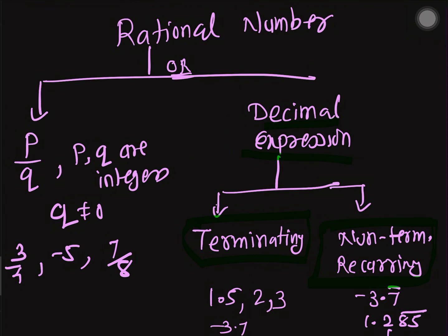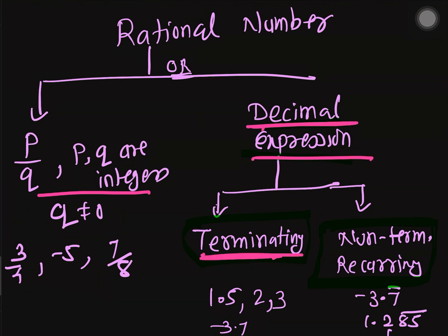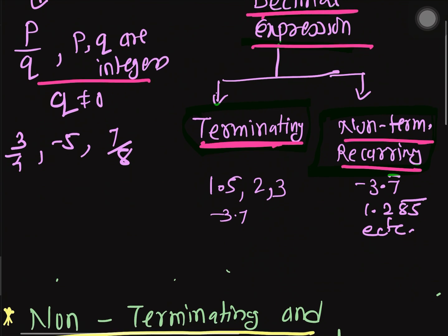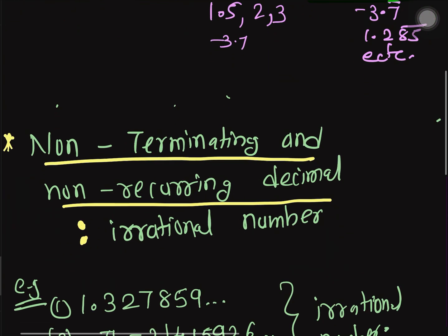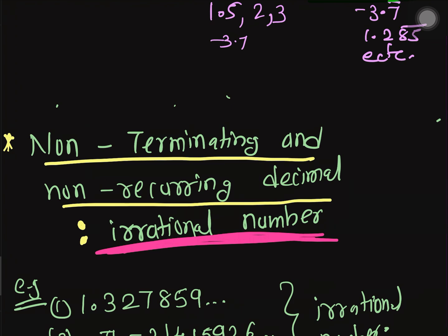So thus, numbers of the form p by q, or numbers whose decimal expression is either terminating or non-terminating recurring, are called rational numbers. If we get a non-terminating and non-recurring decimal, then those numbers are called irrational numbers.